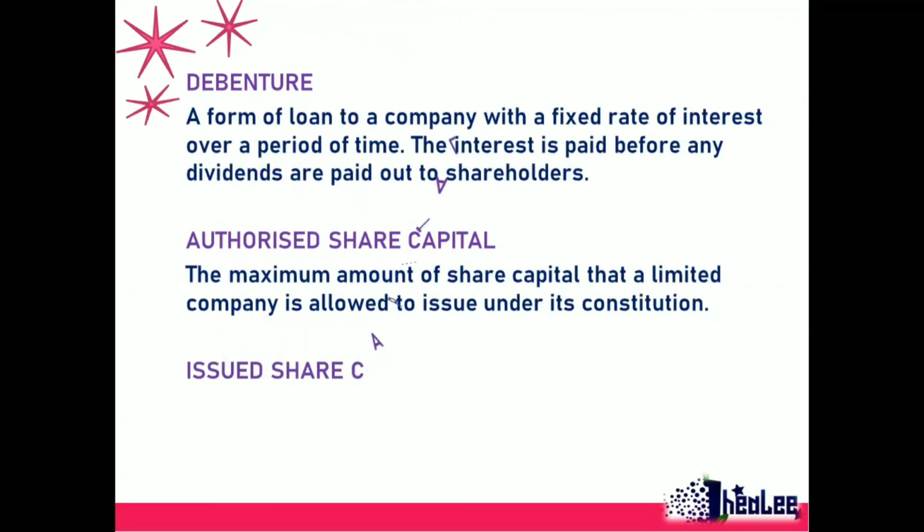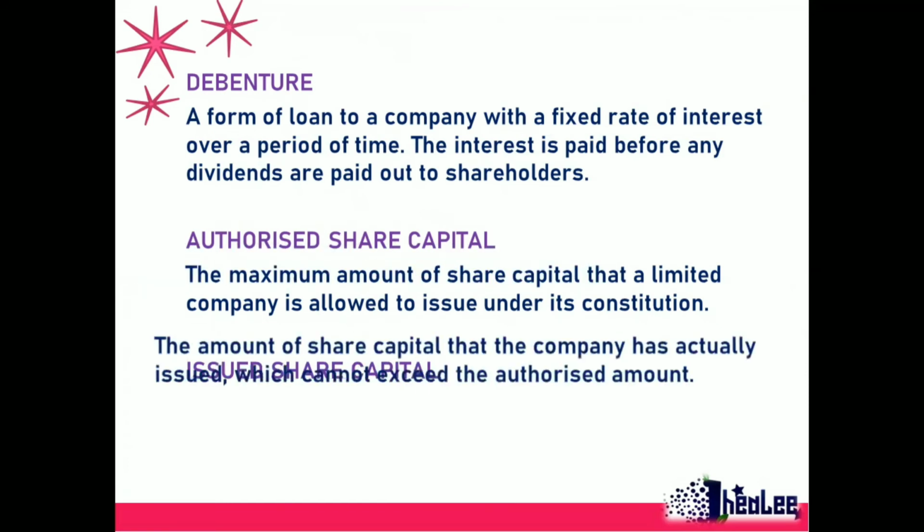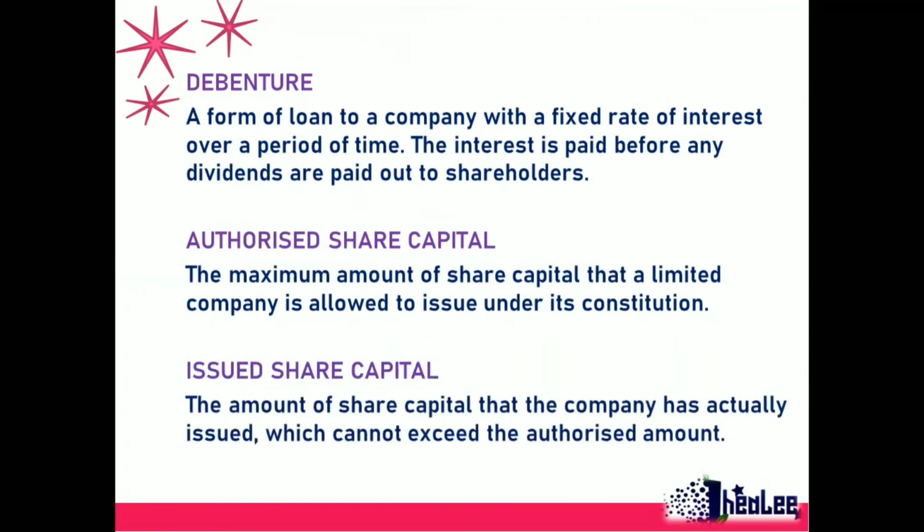Issued share capital, issued share capital. This is the amount of share capital that the company has actually issued, which cannot exceed the authorized amount. When we say issued, we mean that the shares are sold. Issuing shares means that you're selling shares.